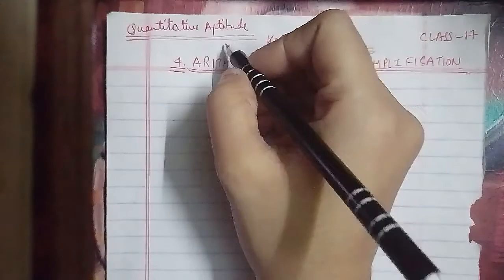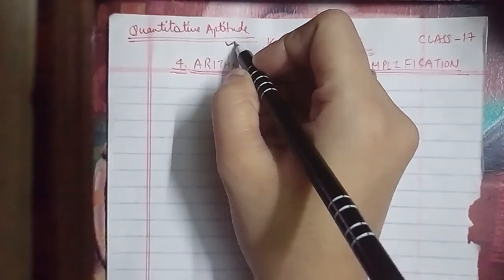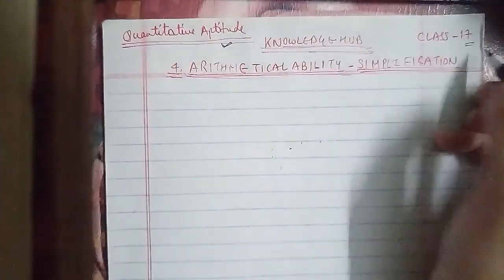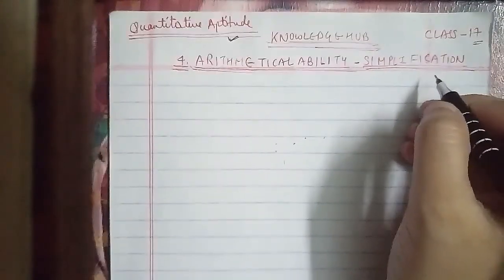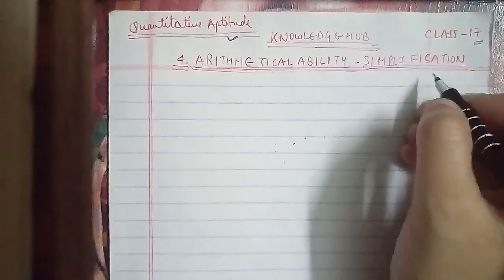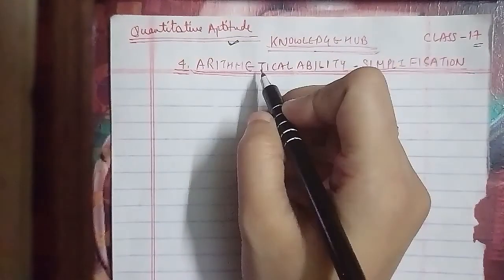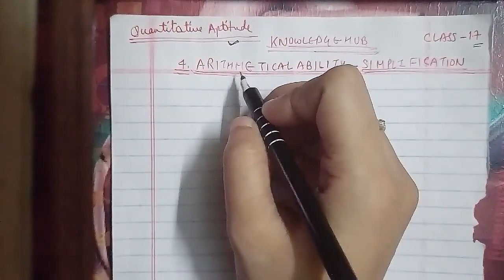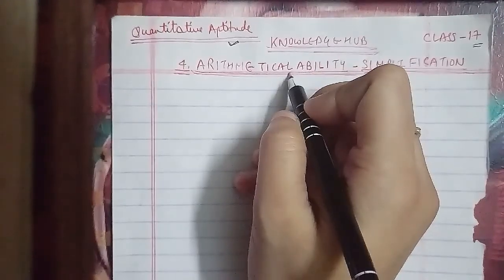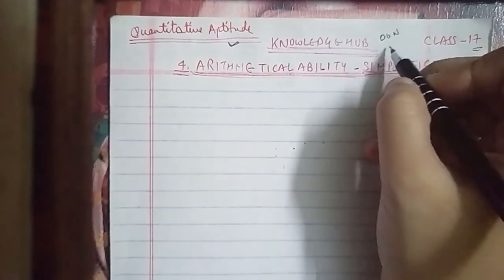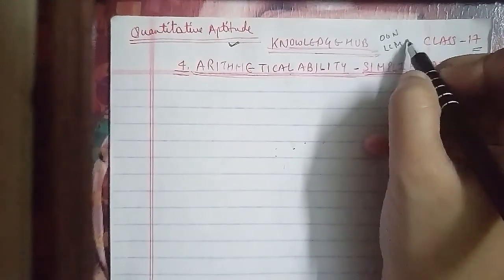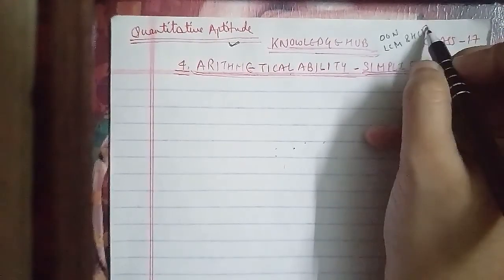Today we're going to start with your quantitative aptitude class, and that is your class 17 here. As of now we have done 16 classes in quantitative aptitude, and quantitative aptitude will be discussed in two sections. Section 1 is arithmetical ability, where we have completed operations on numbers, LCM and HCF of numbers, and decimal fractions.